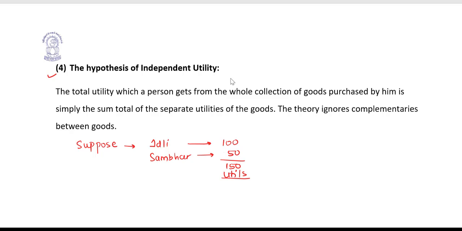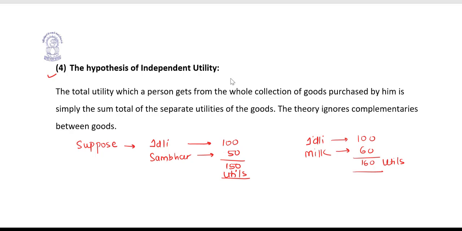Now, according to this assumption, you can combine idli with milk and just total whatever satisfaction or utils you have received from combining idli with milk. Now all of you understand that idli can't be consumed with milk because these foods are not complementary to each other.